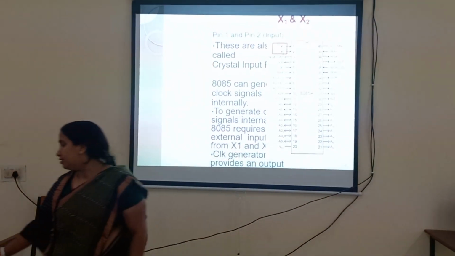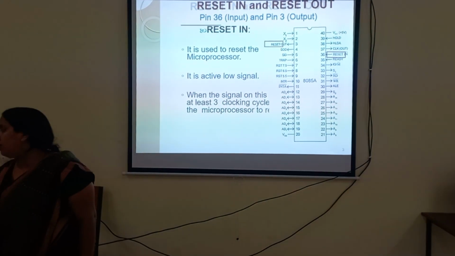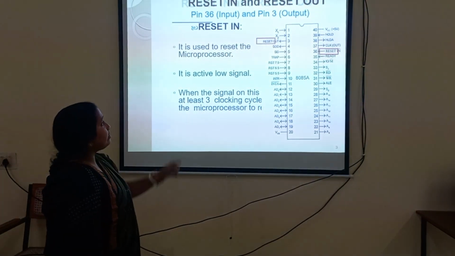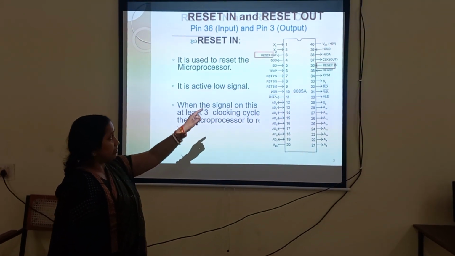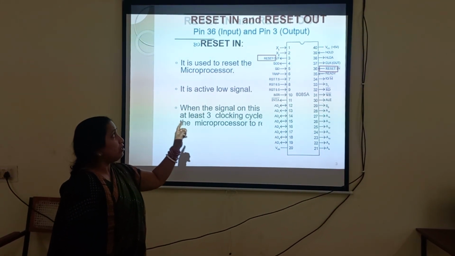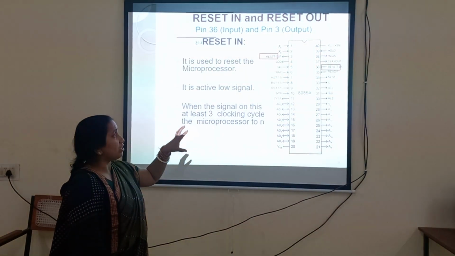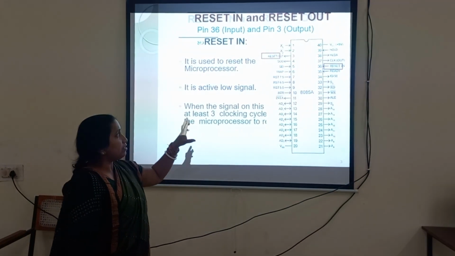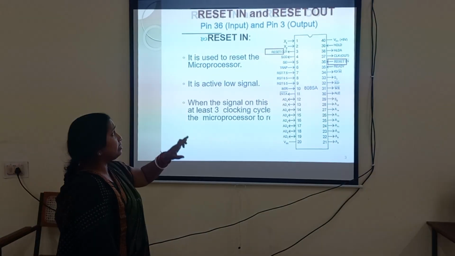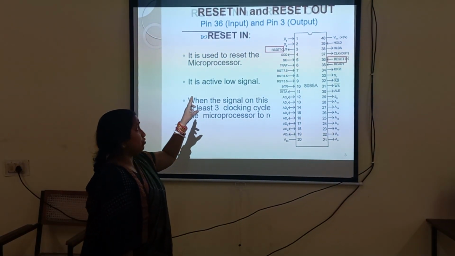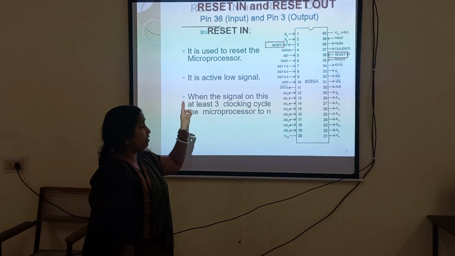The next is the reset in and reset out. The purpose is to reset the device which is connected with the microprocessor. Reset in connects the peripheral device, and reset out also connects the peripheral devices.